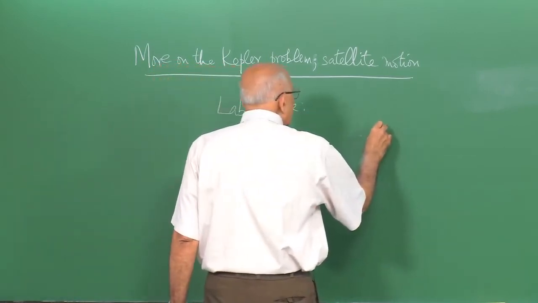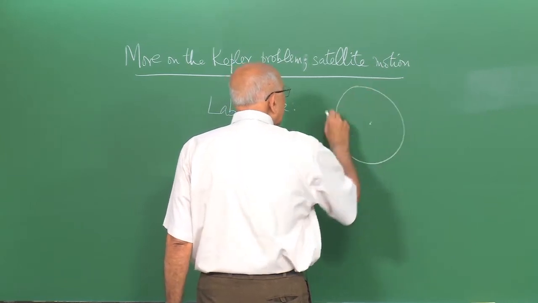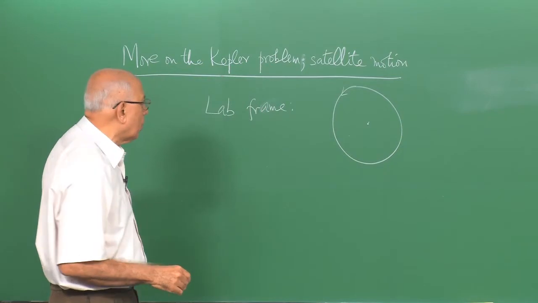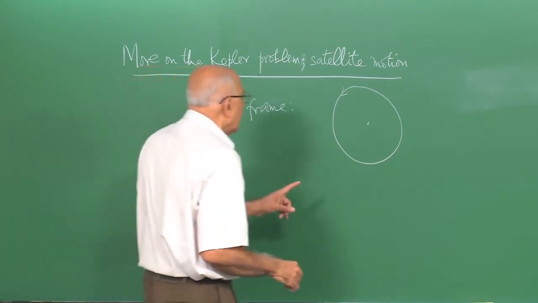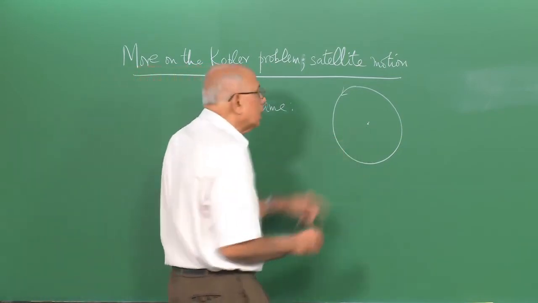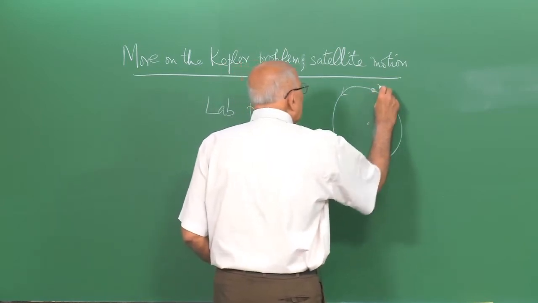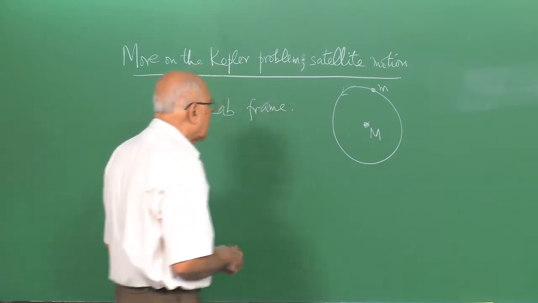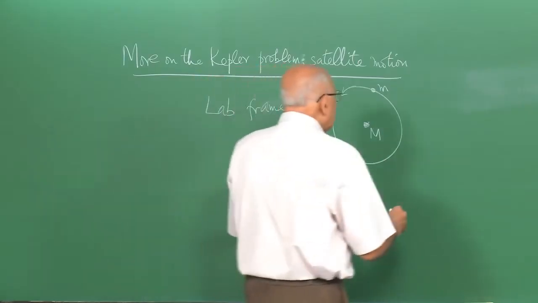Here is the center of attraction, and that is the path of the satellite, which goes around in some closed orbit. As far as we are concerned, the satellite of mass m attracted by a body of mass capital M sees a gravitational force.